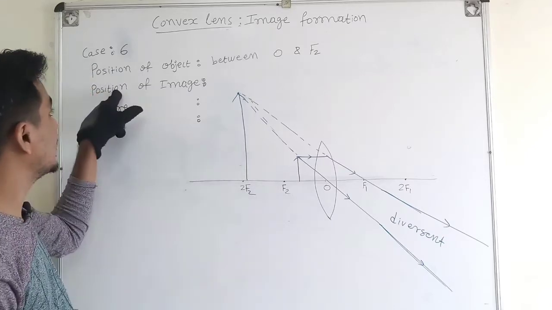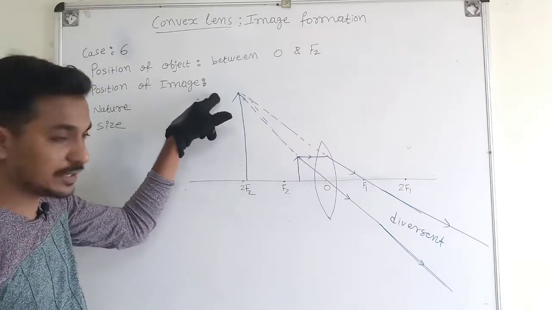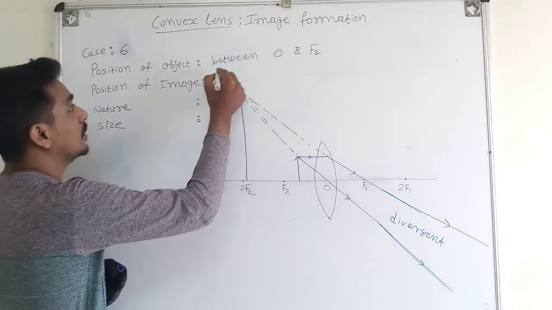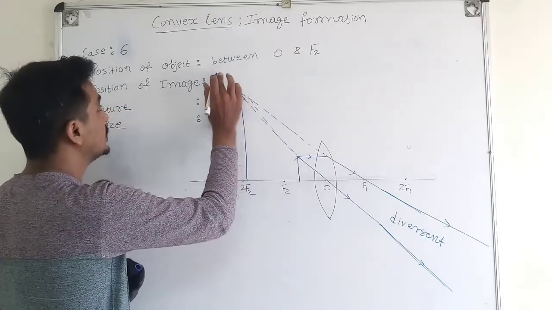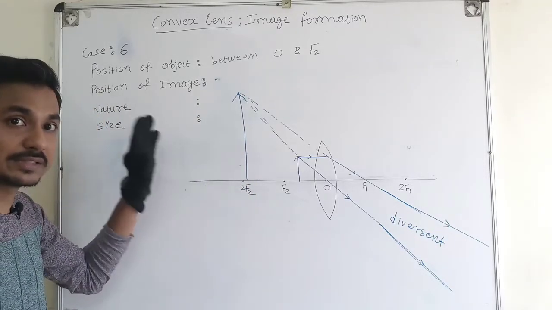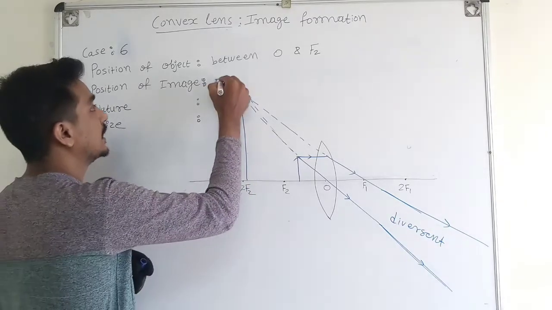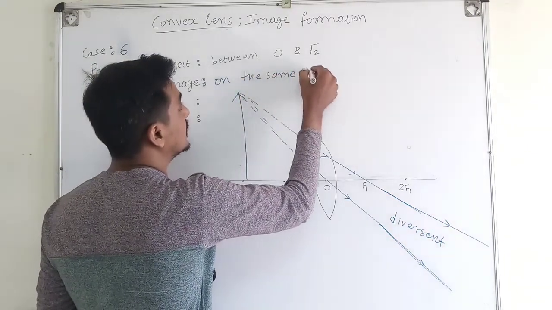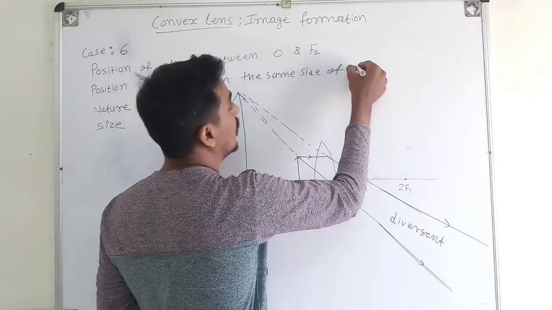So we cannot write here that the position of the image is on 2F2. We just write that the image is on the same side of the object.